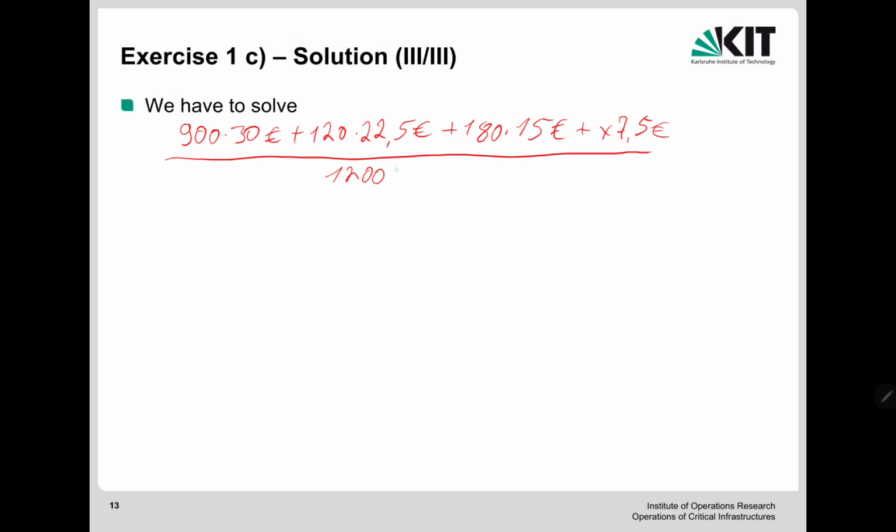And the denominator is also unknown because of X. And what we know is that she wants to have at least 80 euros per hour. This is what we know from the exercise, from the text. Okay, and then we go step by step through this exercise.